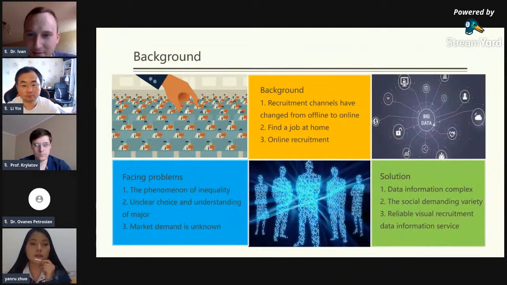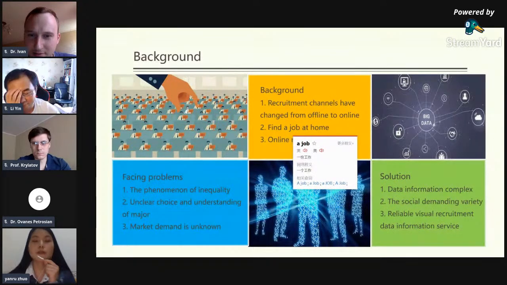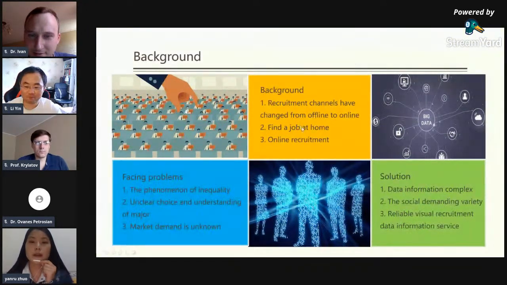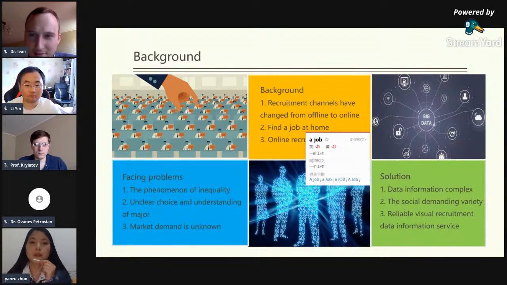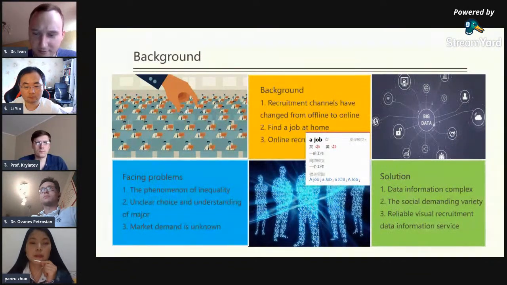The influence on the talent market in China is especially obvious. People need to find a job at home and avoid spreading the disease, which means that the recruitment of talents has to be replaced by online recruitment.